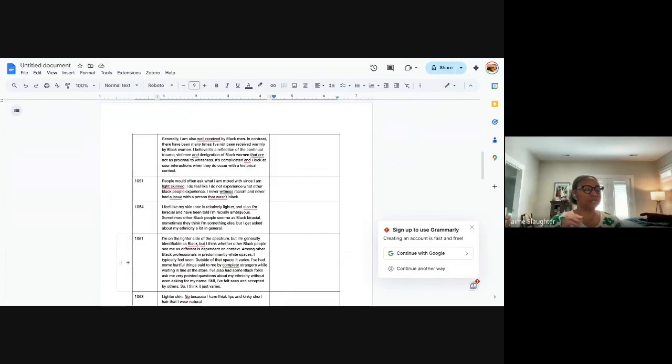For participants who reported very light to light brown skin tones, and when I say more likely, I don't mean statistically, but what we saw with more frequency was them saying they never experienced colorism, but they were aware of it, and that maybe their husband or friend or another family member of a darker complexion taught them about the privilege associated with lighter complexion.